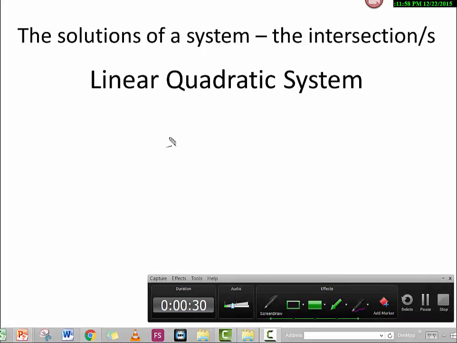As the name implies, in the system we have a line, which is a linear equation, and a quadratic, which is a parabola. So in this kind of system, you have at least one quadratic equation and one linear equation.